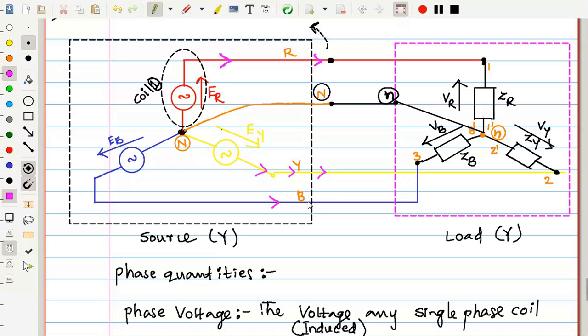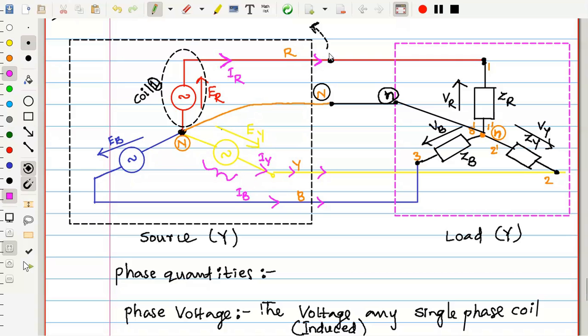Similarly, coil 3 current is the current coming out of this wire. So hereafter we can call this R phase, this Y phase, this B phase. The current produced by this coil is referred to as a phase current. So I will show here IR, here IY, here IB.